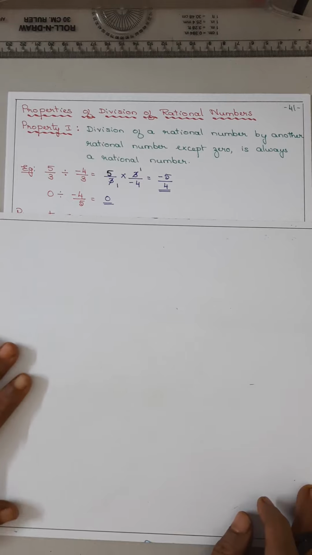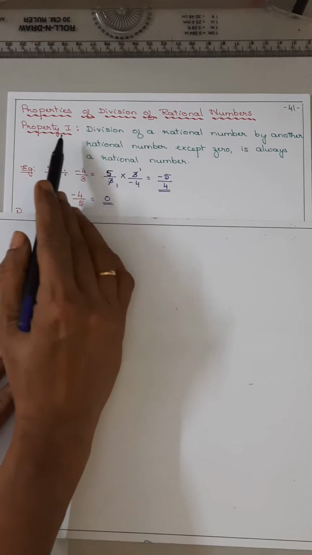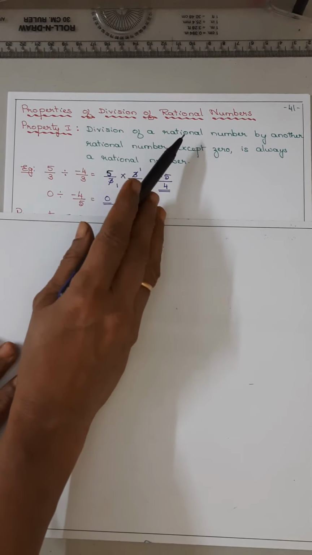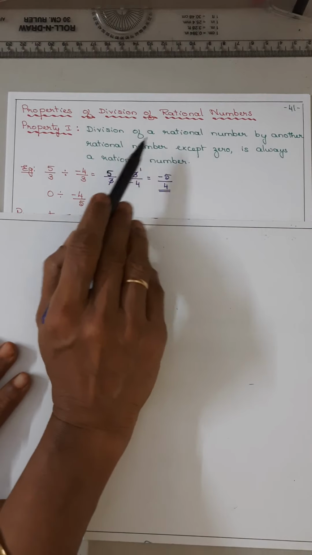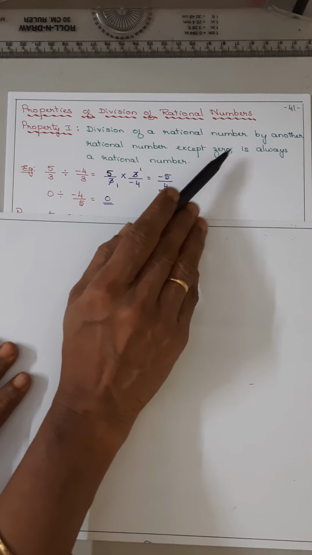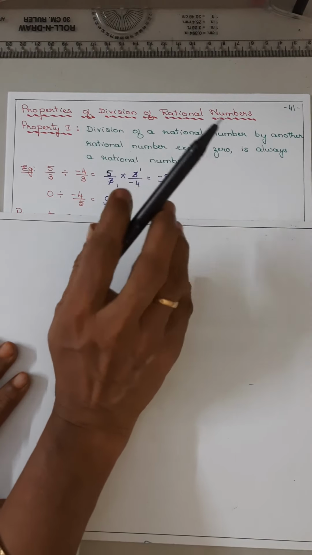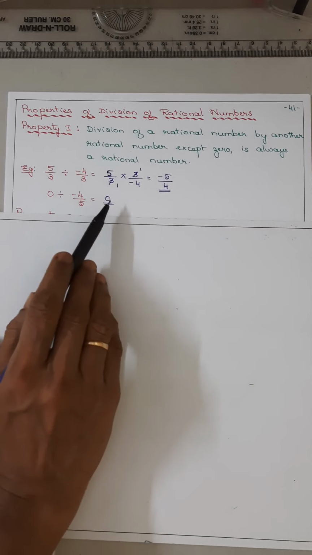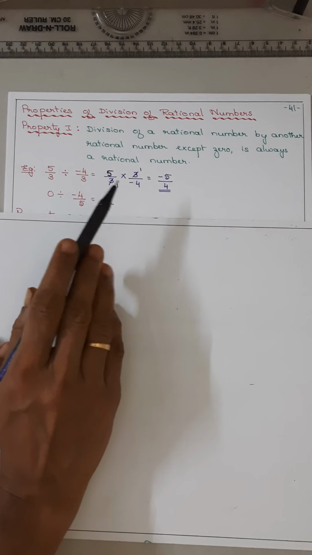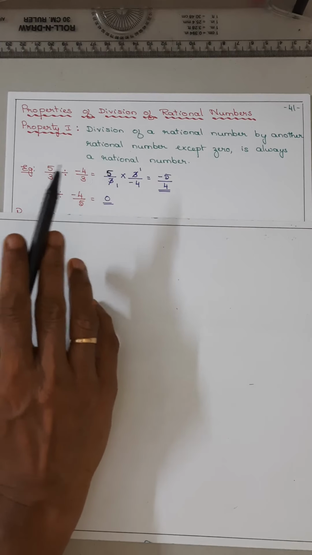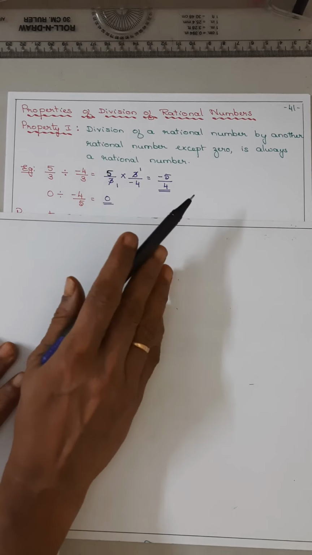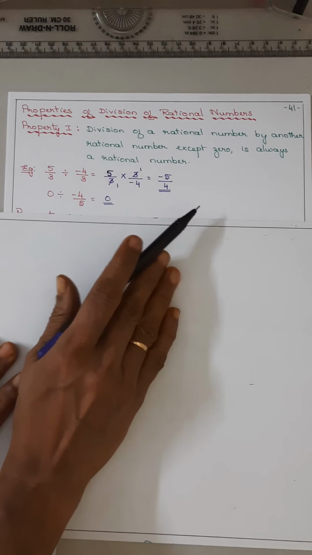The first property, property 1: division of a rational number by another rational number except 0 is always a rational number. So you can't divide any rational number by 0. But a rational number divided by another rational number is always a rational number.